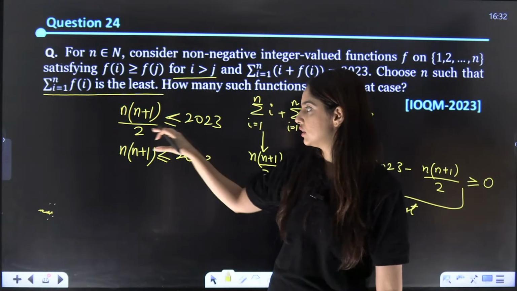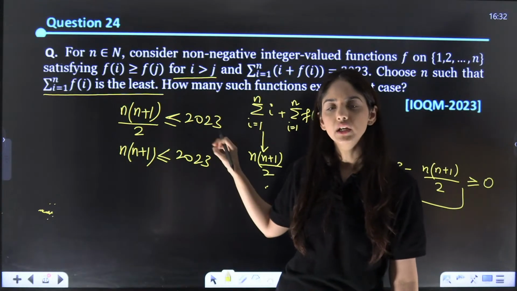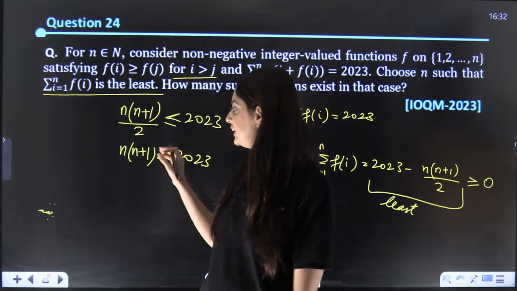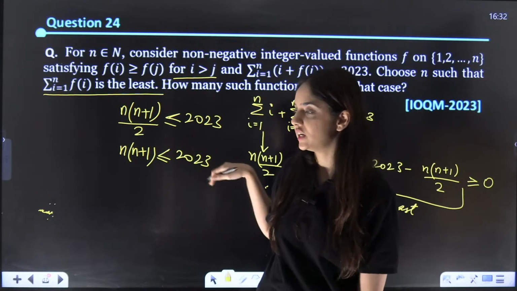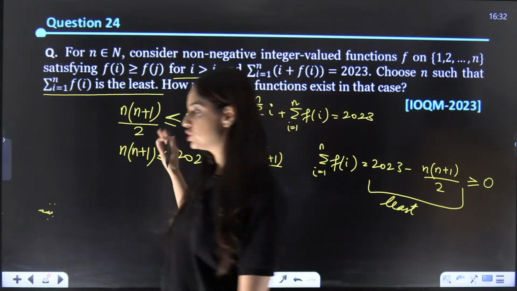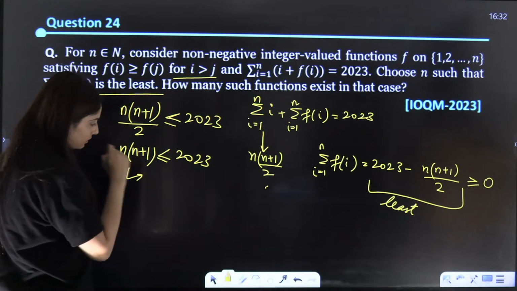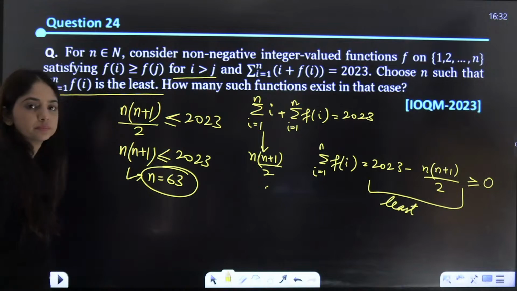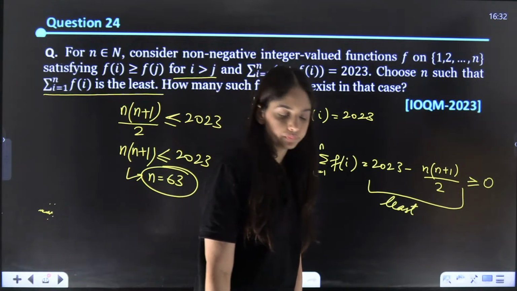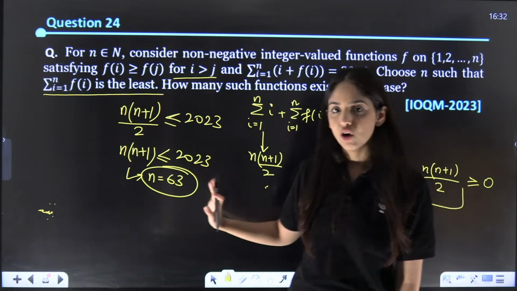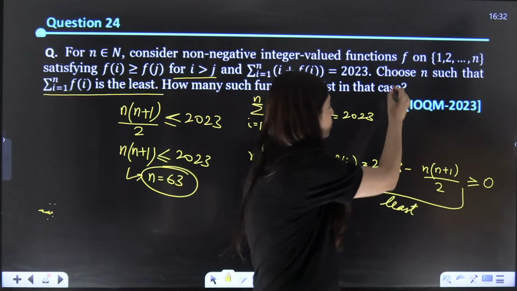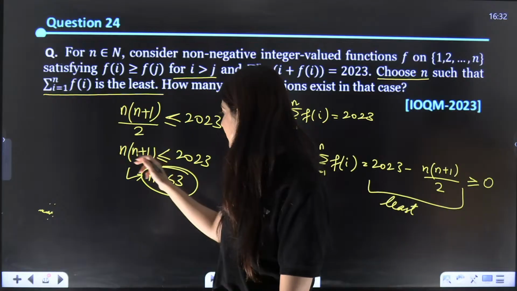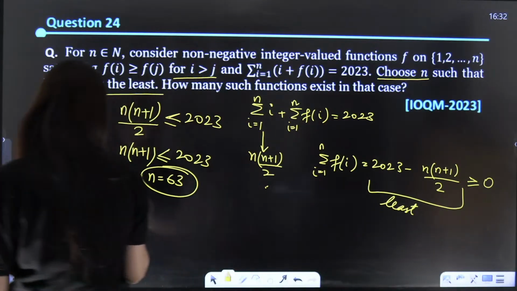As soon as you get a value which is greater than 2023, you will stop there and choose the n before that. So we need the highest possible n for which this inequality holds. You can check, you can solve this. The highest n comes out to be 63. Okay. So this is how we first needed to choose the n such that sigma f(i) is least. What is this value? 63 into 64.